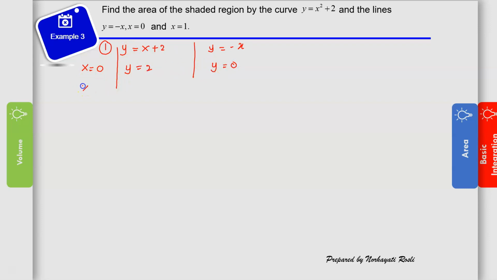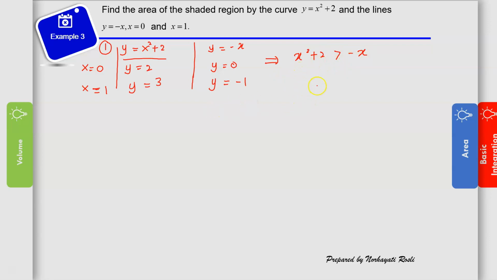And then when we set x equal to 1, for this one y equals 3, and for this one y equals negative 1. You can see here the value given by this function is greater than the value given by this function. So we can conclude that x squared plus 2 is greater than negative x.